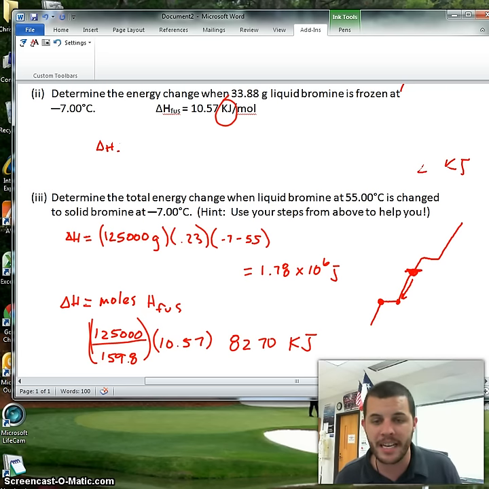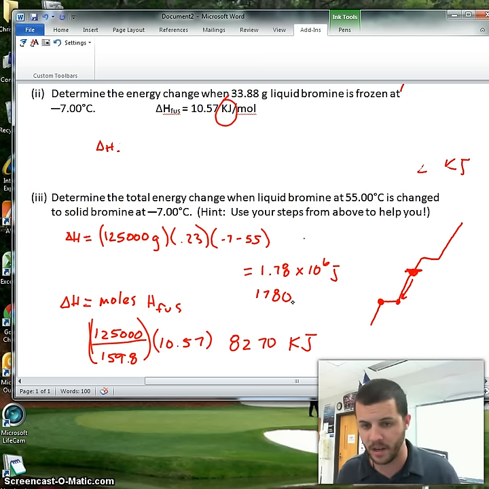So now I need to convert one of these to either kilojoules or to joules. So I'm going to convert my joules to kilojoules. So when I convert this, I'm going to end up with 1,780 kilojoules. Let me make sure of my math real quick. 1.78 times E 6 divided by 1,000.